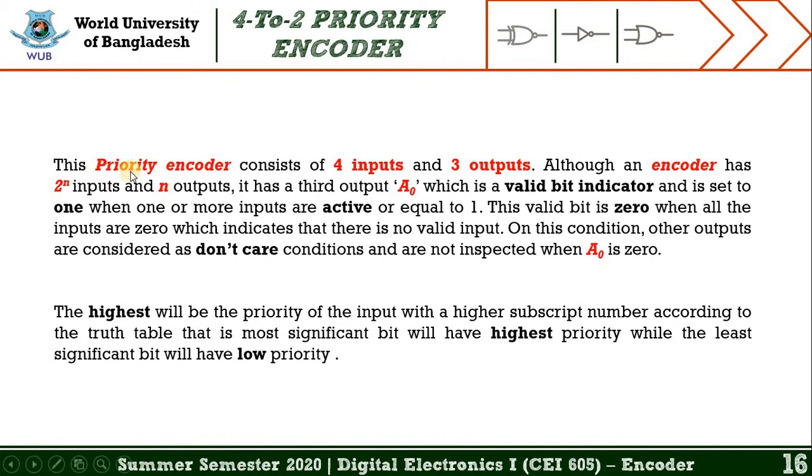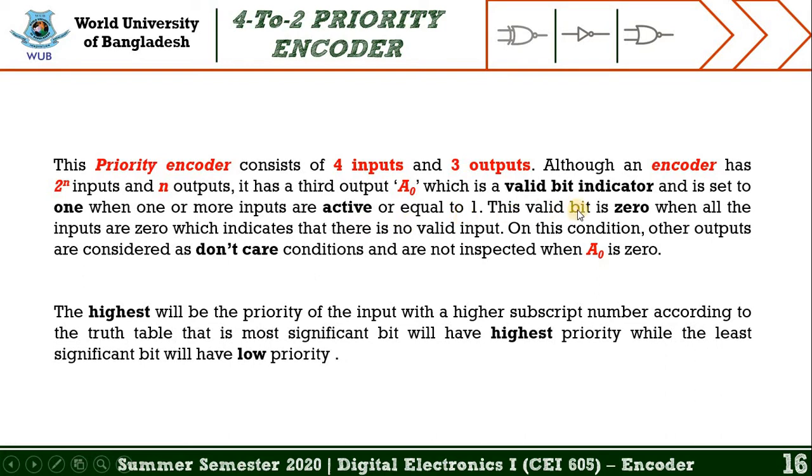So let's start. This priority encoder consists of 4 inputs and 3 outputs. Although an encoder has 2 to the power n inputs and n outputs, it has a third output which is symbolized by A0 and which is also known as valid bit indicator and is set to 1 when 1 or more inputs are active or equal to 1.